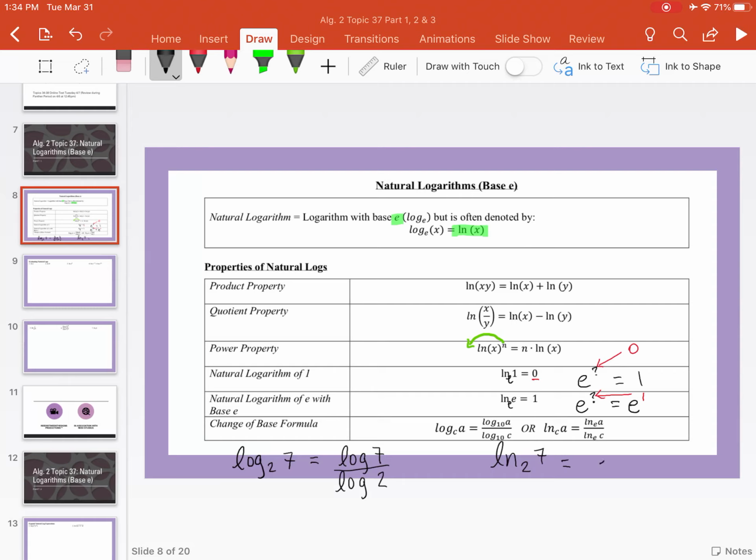We can rewrite that as ln of 7 divided by ln of 2. And again, notice here that my bases are e here and my bases are 10 here. So let's just plug it in to make sure that they're actually the same.